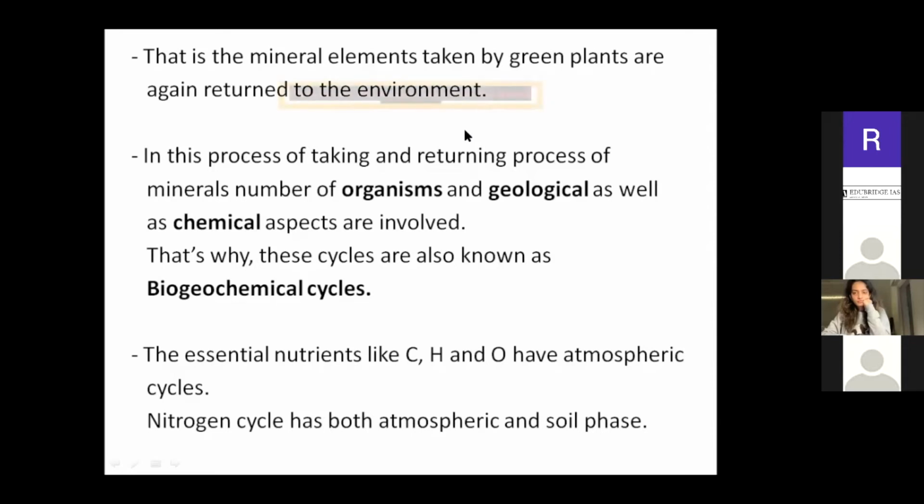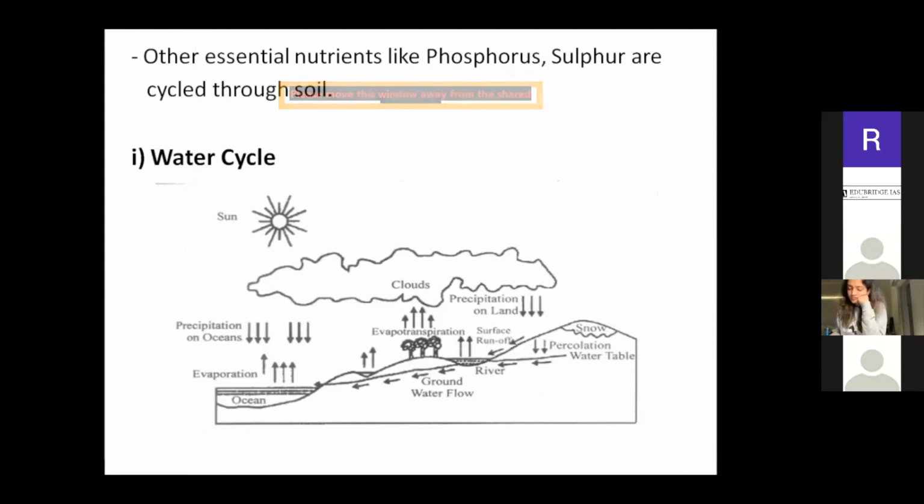First is atmospheric cycles and sedimentary cycles, or the cycles or the nutrients which are cycled through rock or sediments. And out of these two, atmospheric cycles are referred to as perfect cycles, and sedimentary cycles are referred to as imperfect cycles. Let us discuss these cycles here.